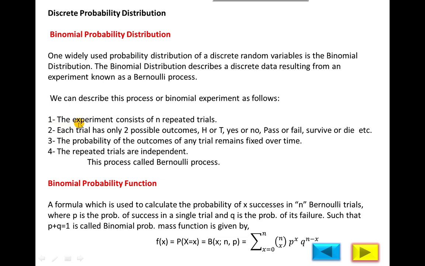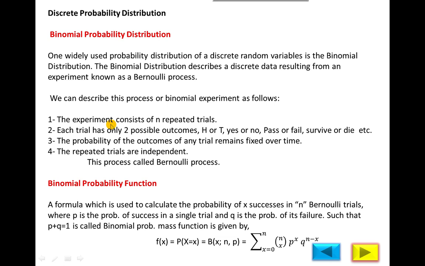Number one, the experiment consists of n repeated trials. Repeated trials means, suppose you throw a coin one time, two times, three times, four times; this is also called a statistical experiment.